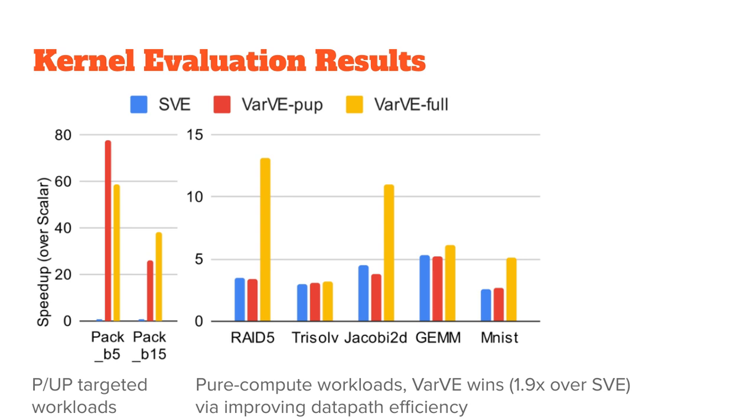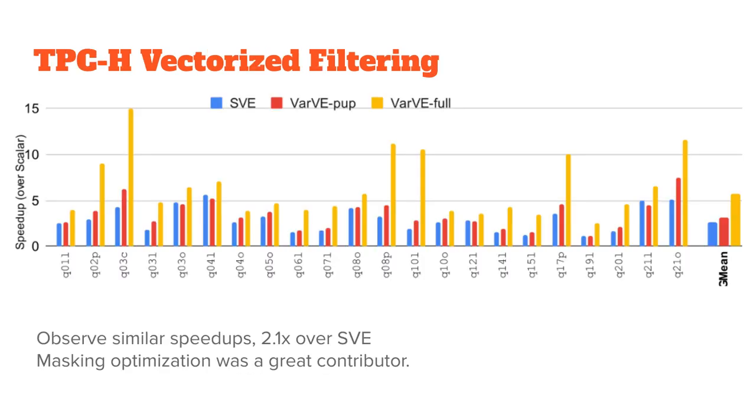On pure compute workloads, PUP alone doesn't bring significant performance speedup over SVE, but with native support to compute variable width values, full VarVE wins a 1.9 times speedup over SVE via improving datapath efficiency. We also observe similar speedups in vectorized filtering queries from the TPC-H benchmark.